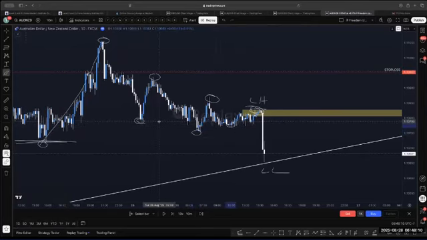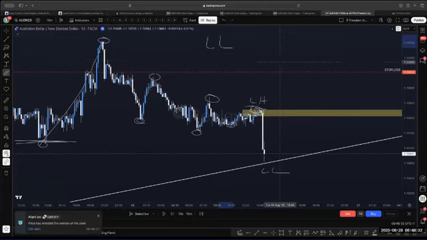Now, here's where the problem is. This low cannot count, because in a downtrend, lows must be lower. And this low was not lower than this low. So this low cannot count.